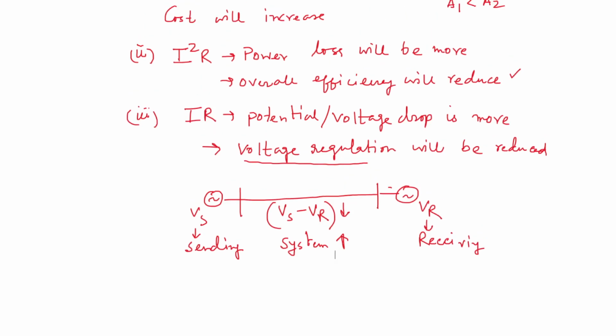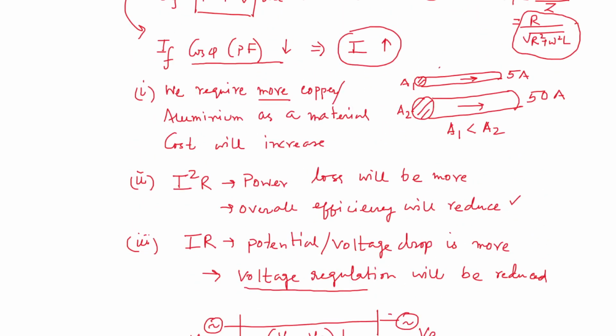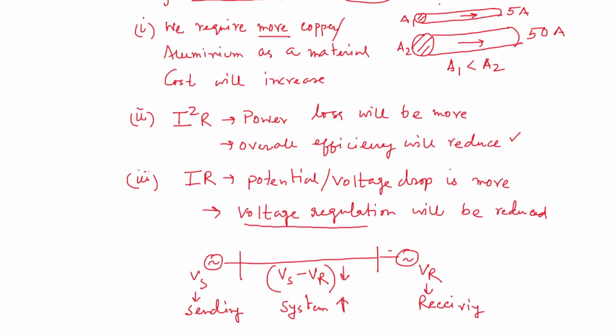So with this we can clearly say that if an electrical system is operated with low power factor, then these problems will surely arise.